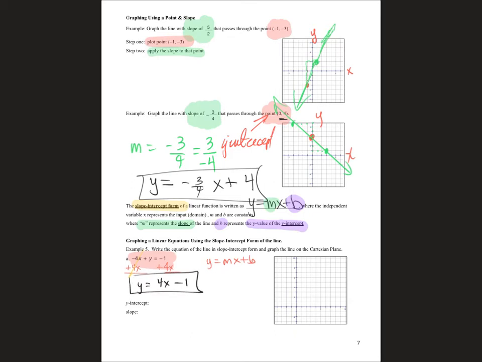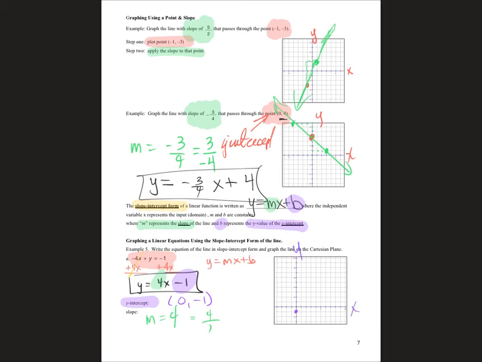So you should easily be able to identify the slope from here. The slope is 4, or 4/1, if you want to look at rise and run. What is the y-intercept? I look to that b value, and the y-intercept is 0, -1. Now, I could plot that point, 0, -1.